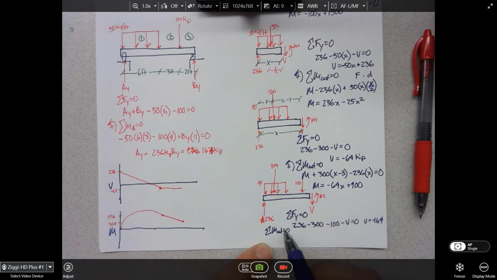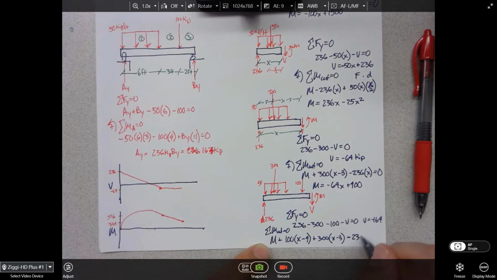So summing the moments about the cut, I'll have the moment at the cut plus 100 times x minus 9 plus 300 times x minus 3 minus 236 times x equals 0.